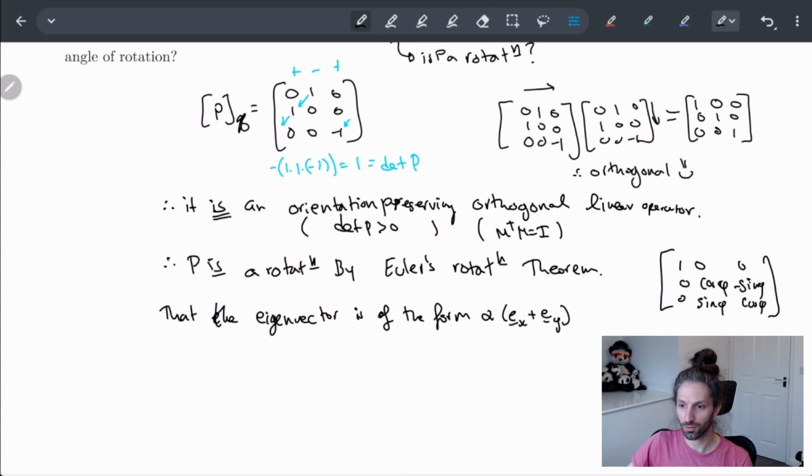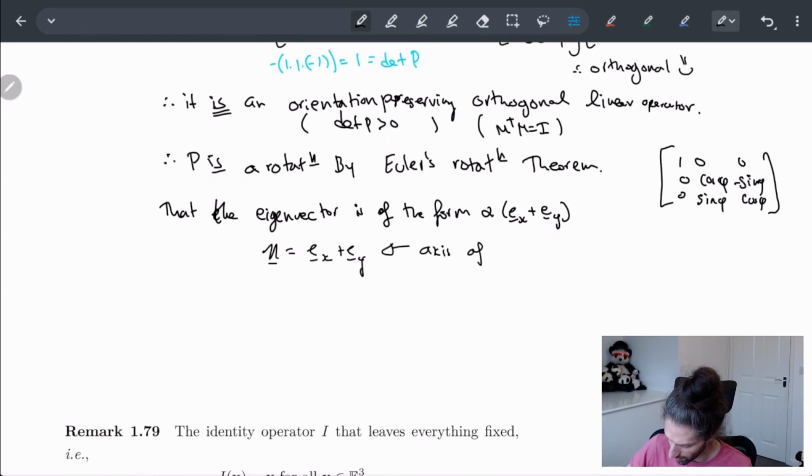Remember that we don't care about this scalar, so we can forget about the scalar, and we know that n is just the vector e_x plus e_y.